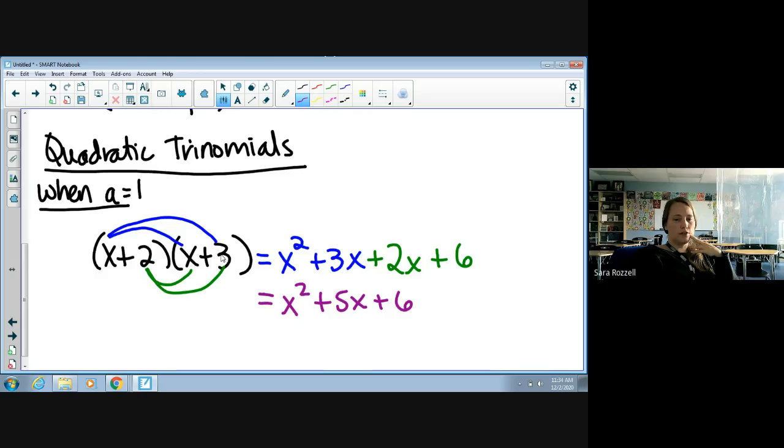How do 2 and 3 relate to get to 6? What did you have to do with 2 and 3 to get to 6? You had to multiply them, right? So these two numbers here are going to multiply together to get our last term. So the two numbers that we've got, they're going to multiply to get 6.